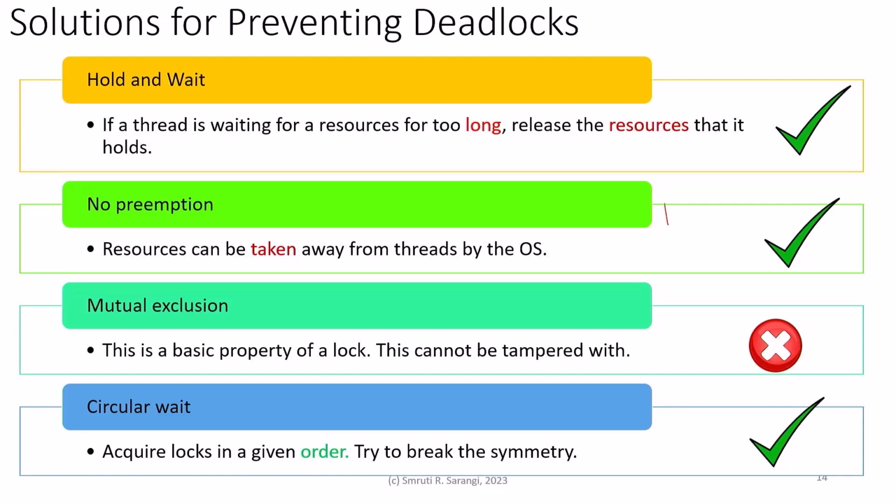But for the rest, mutual exclusion is integral to the definition of a lock. Mutual exclusion has to be provided. This basically means that if I'm holding on to a lock, nobody else can hold on to it. Circular wait is the one that we will focus on the most in our deadlock avoidance algorithms, where you design a protocol in such a way that circular waits will not happen.